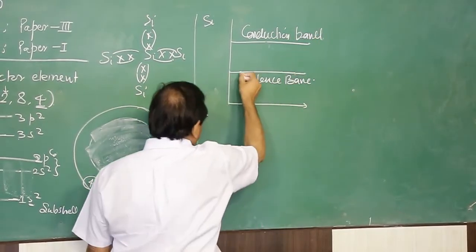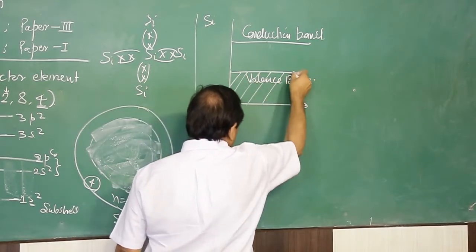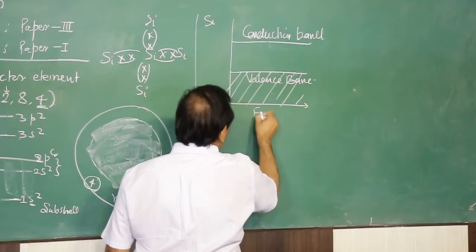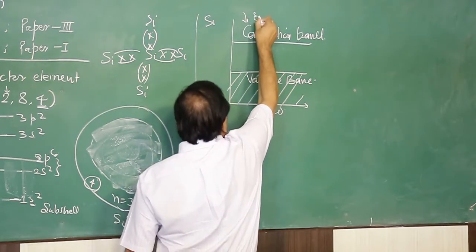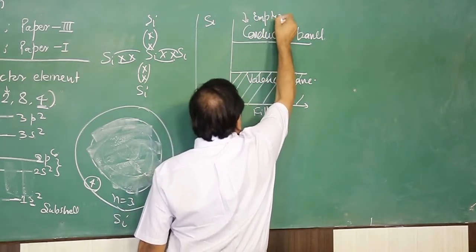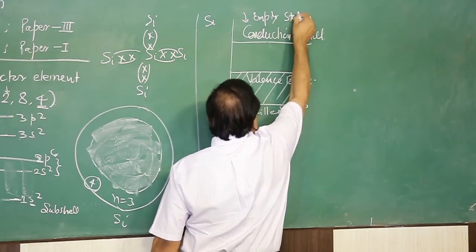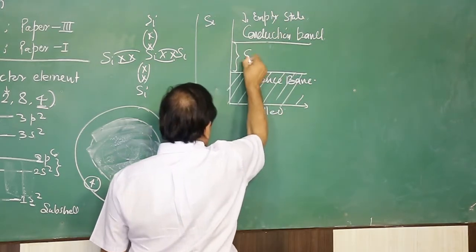This is the conduction band, and this valence band is filled. This is filled. Here it is the empty state, and here it is the gap.